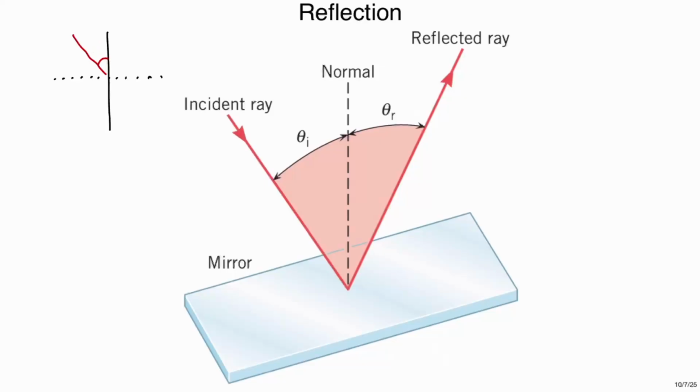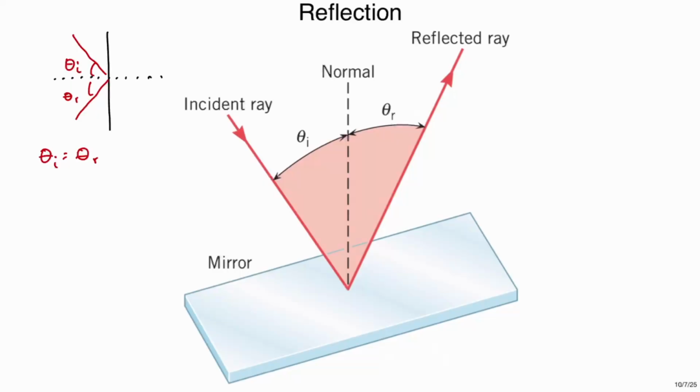Because it's the angle with respect to the normal that all of optics is based on, all the math, everything. So the law of reflection says whatever my incident angle is, whatever angle I have coming in, that'll be exactly the same angle that I have coming out. In other words, in equals out. Incident is what the I is, and reflected is what the R stands for in this case.